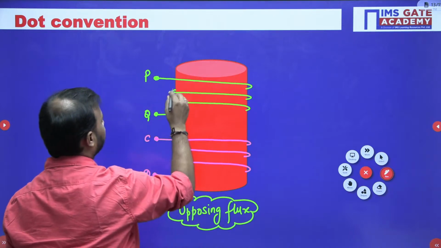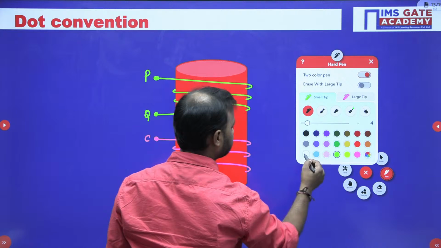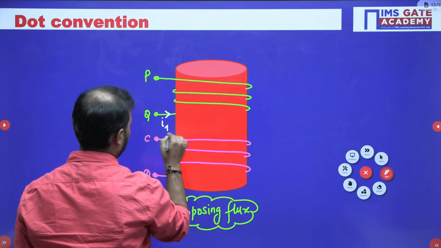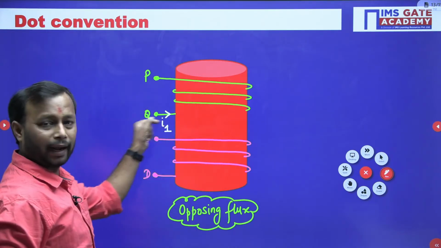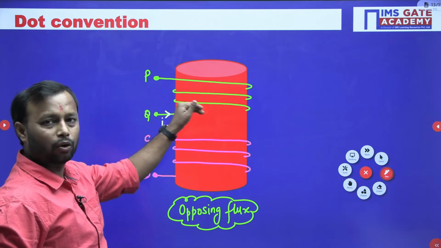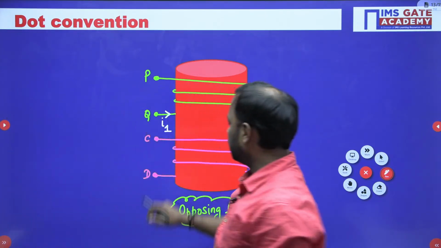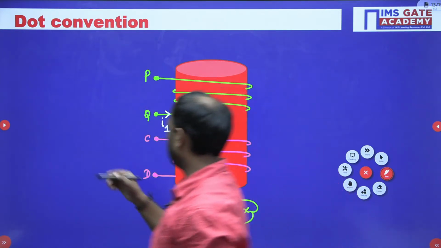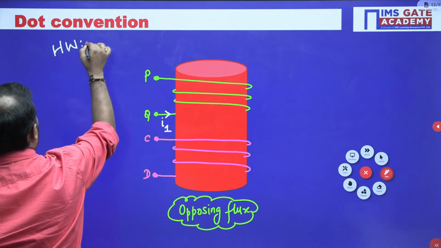Let me give the current direction. It means that Q is positive because from here the current is entering into the coil, na? So Q is positive, that we know. So you need to find the D polarity for homework question number 4.